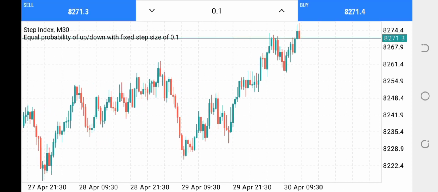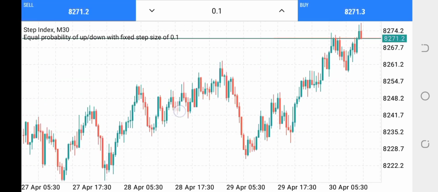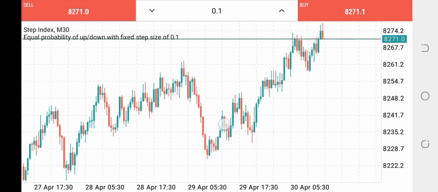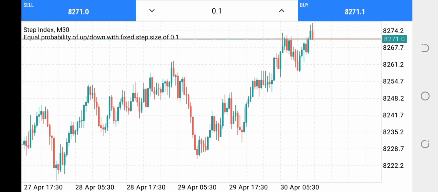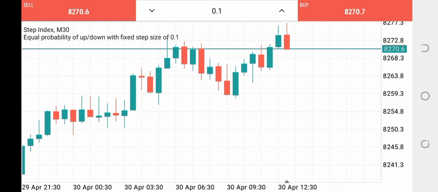So the first thing that you need to do is understand this thing that you're seeing over here. This is what we call a Japanese candlestick chart. What that means is these things that you're seeing over here, I've zoomed in, are what we call Japanese candlesticks.